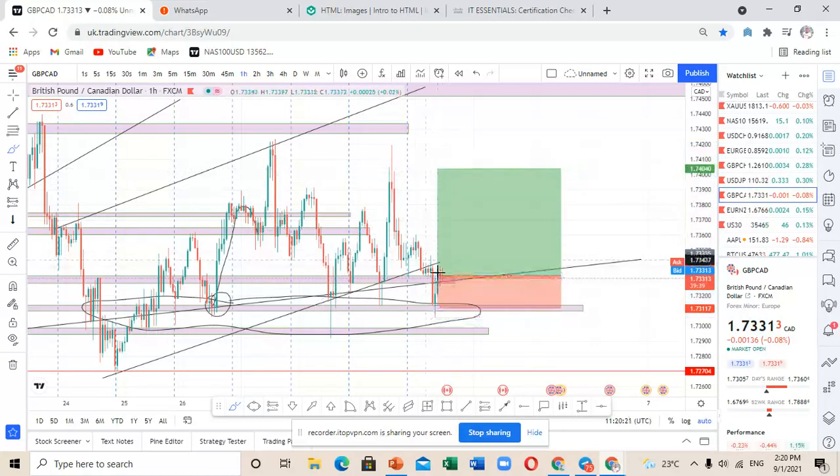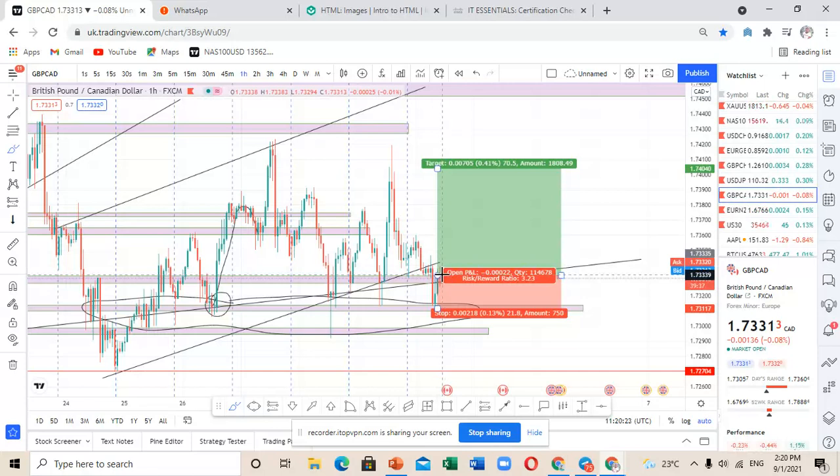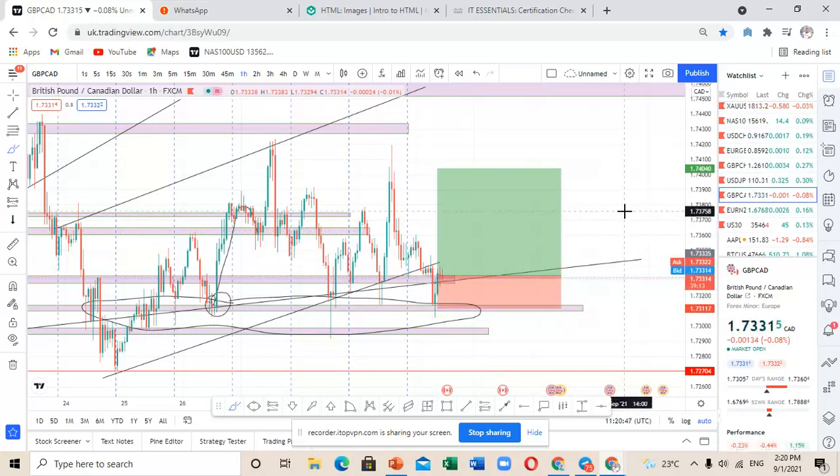Hopefully, because it is a very strong point of support, we are going to have some small movement or small consolidation in this point of support before markets move further to the upside. In this trade, I am risking 200 pips for a total reward of 700 pips. So currently, I'm just waiting to see how the markets are going to play out.